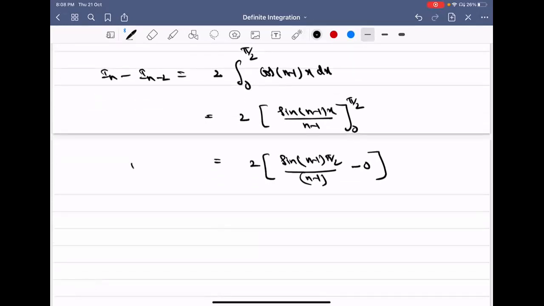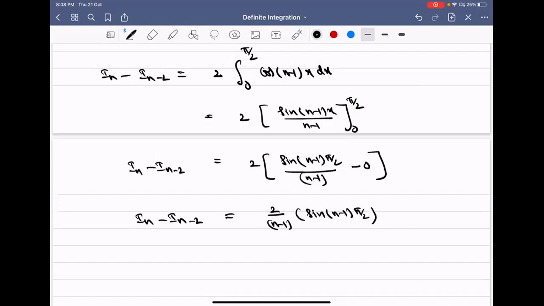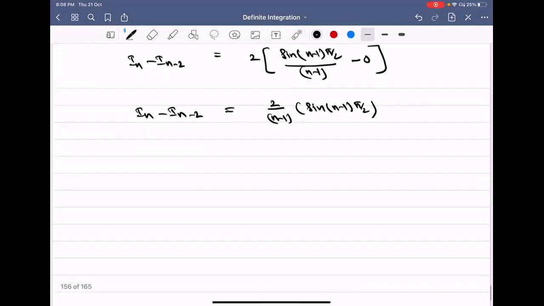Therefore I_n minus I_(n-2) is equal to 2 over (n minus 1) into sin of (n minus 1) into pi by 2.